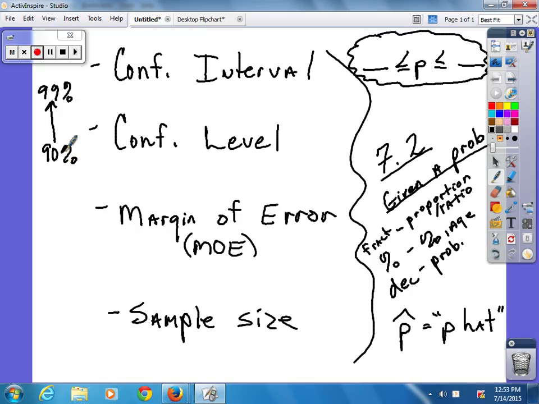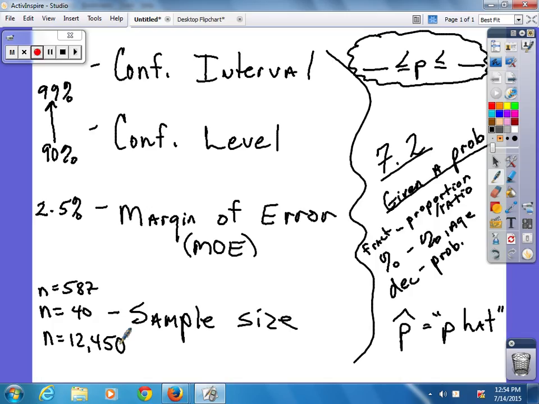That's going to be a confidence level. Margin of error is anywhere from 2 to 5 percentage points. And then the sample size, N, is equal to 587 people, or N is equal to 40 people, or N is equal to 12,450. In other words, how many people do you need to sample before you get a certain confidence level?